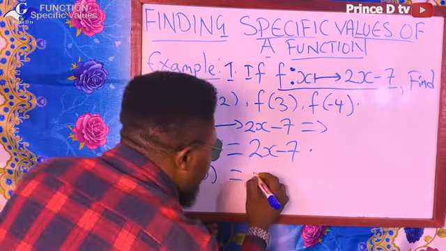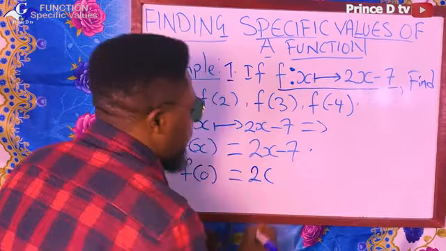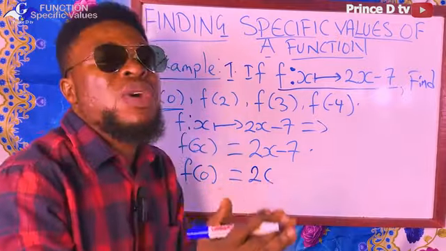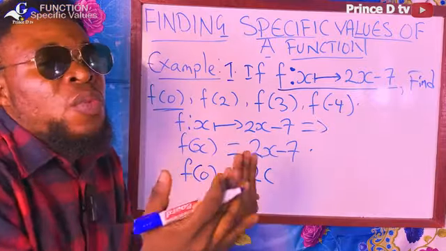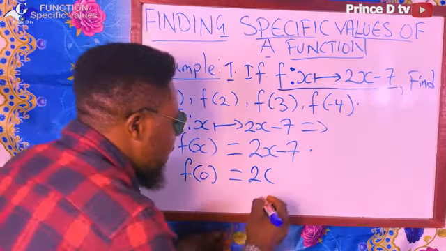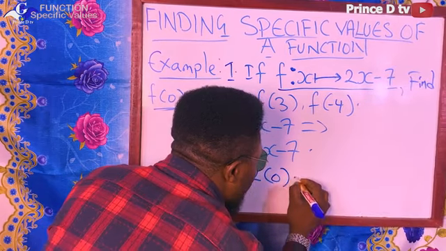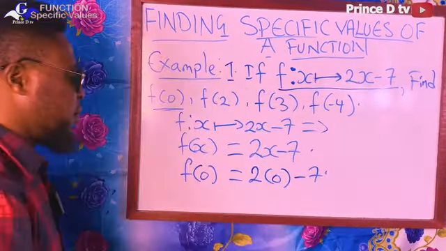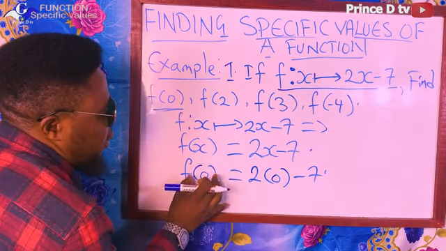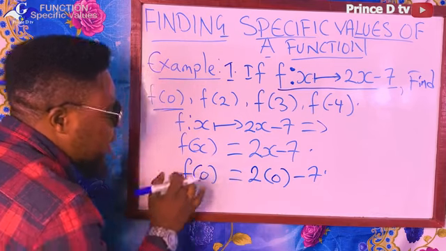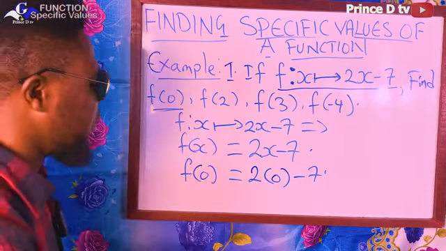Simple. 2 into, remember it is multiplication. That's why I'm putting the brackets. It will not always be, it depends on the way the function appears. So 2 into 0 minus 7. So we are looking for a specific value of this f of 0, of these values that have been given.